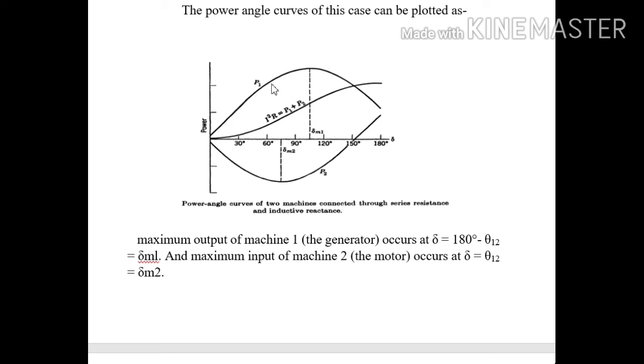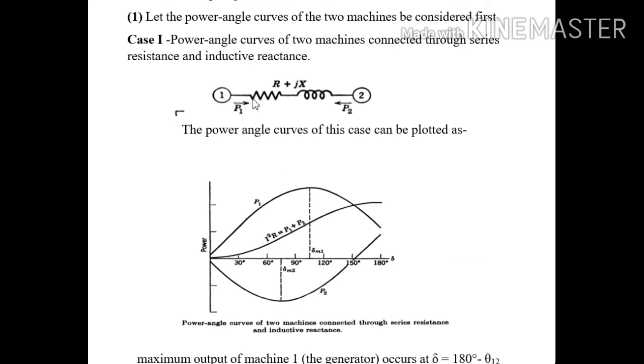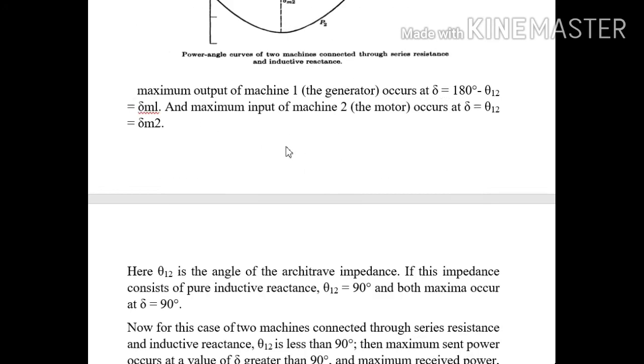Here the maximum of P1 occurs at delta M1, which is greater than 90 degrees, and the maximum of P2, that is for the motor side, occurs at delta M2, which is less than 90 degrees, for the case when the series impedance consists of resistance and inductive reactance, right? This was case 1.